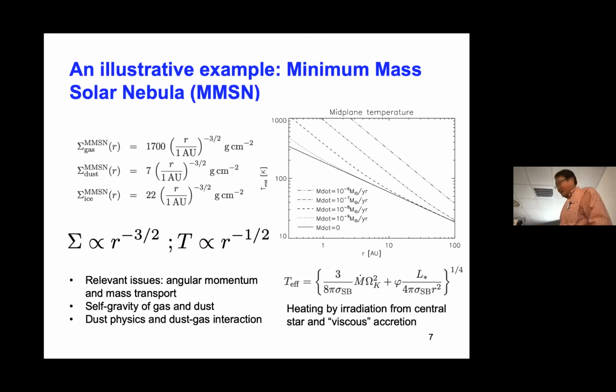As an illustrative example, in our solar system, presumably the sun and all the planets are formed out of a gaseous, dusty disk. So there's something called the minimum mass solar nebula. This is a very intuitive approach that asks what's the minimum mass you would need to form the star and all the planets.